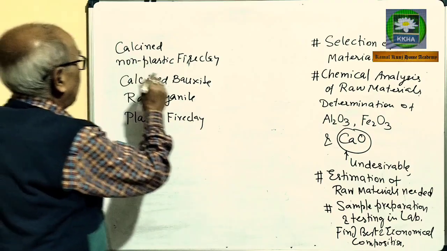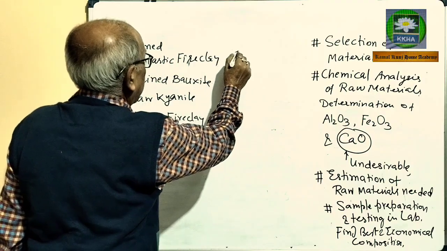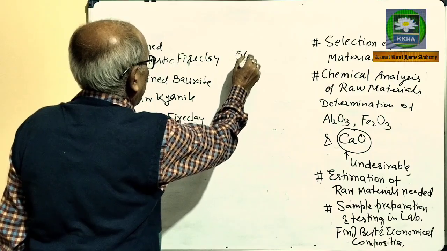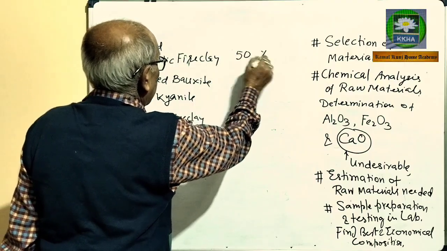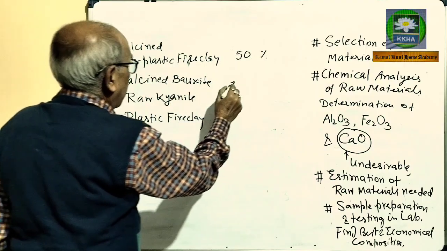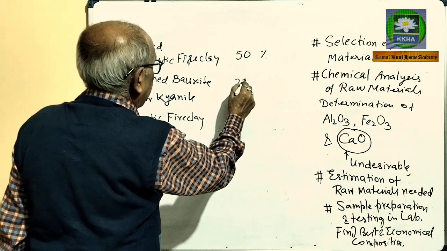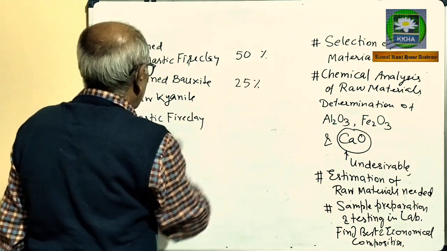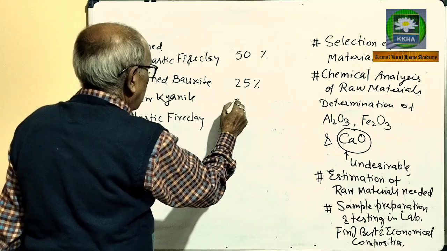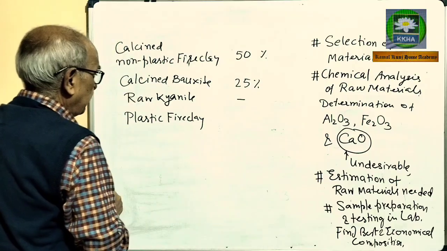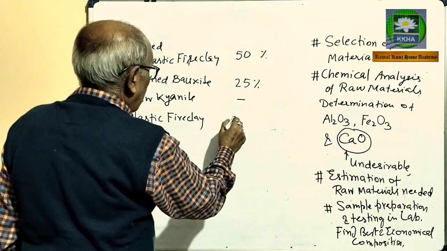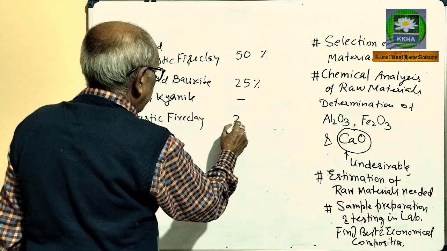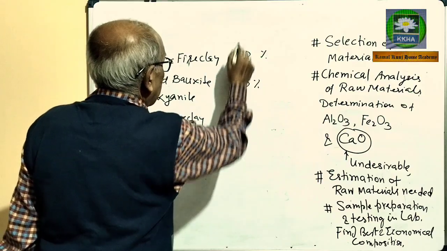Now suppose non-plastic calcined clay is 50%, calcined bauxite 25%, raw kyanite you leave out in the first composition, and 25% plastic fireclay.